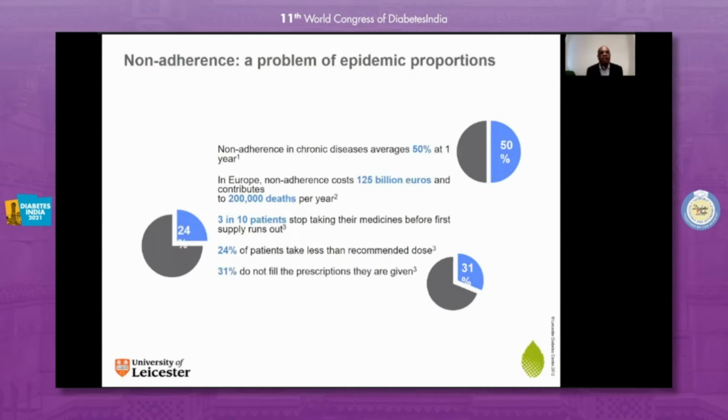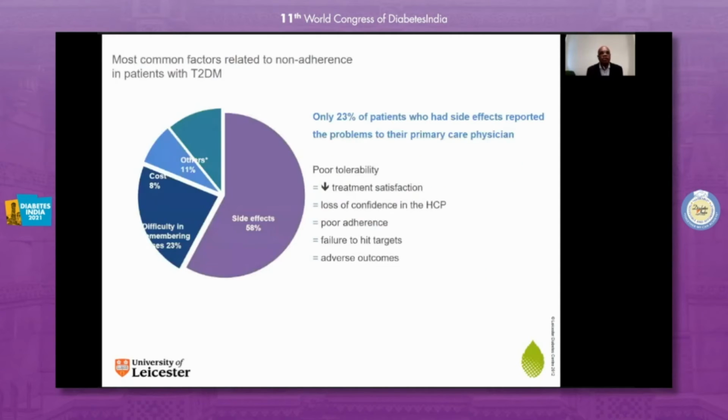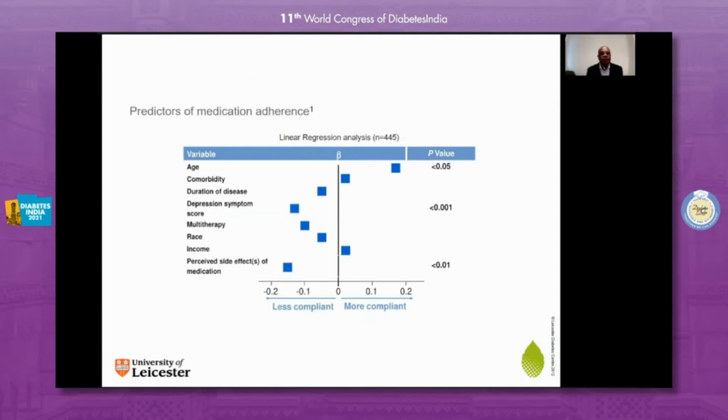Three out of every 10 patients prescribed medications stop them before the medications actually run out, and a quarter of patients take less than the recommended dose, and another third of patients do not fill their prescription requests when it's time to do so. The common causes of non-adherence normally will be side effects and difficulty remembering, and indeed in some cases the cost of their medications.